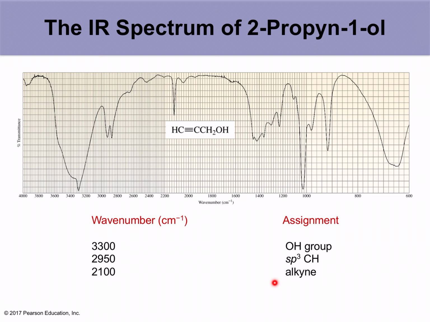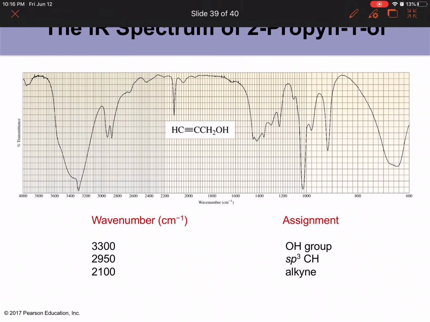That's the carbon-carbon triple bond, that one right there. Okay. And sp3 carbon-hydrogens, that, and your alcohol is this. The alkyne, I just showed it to you.